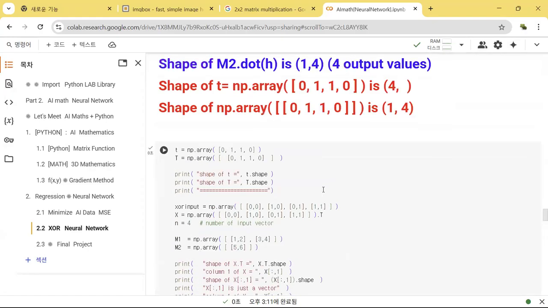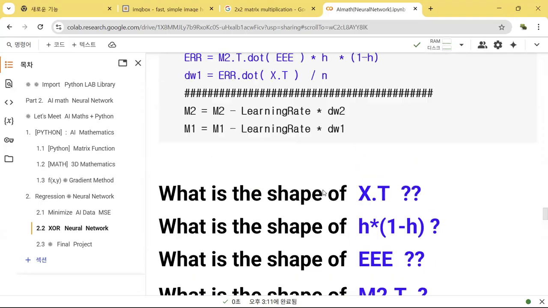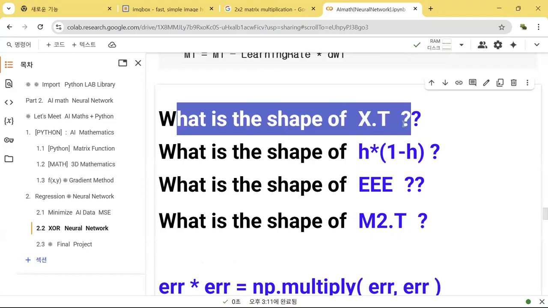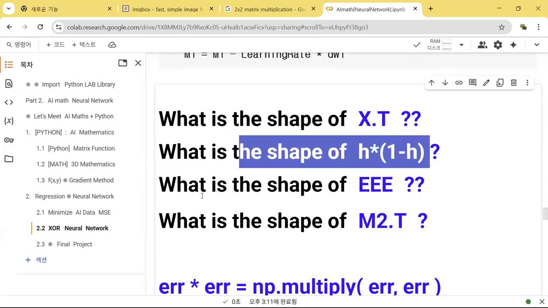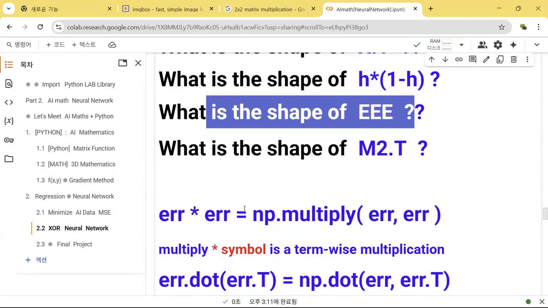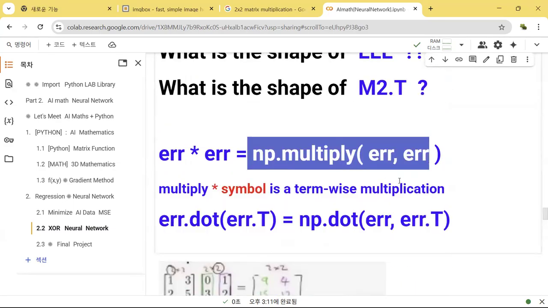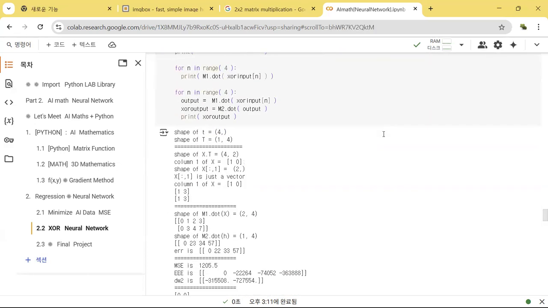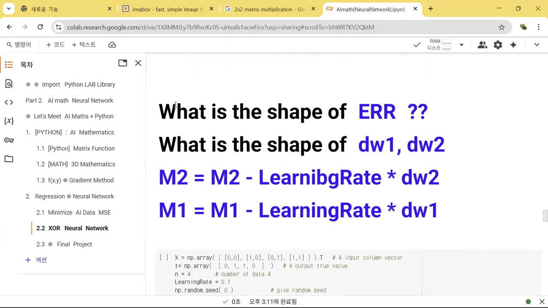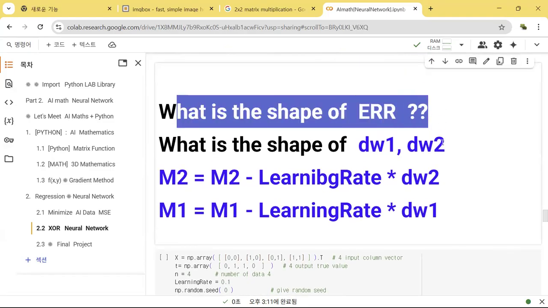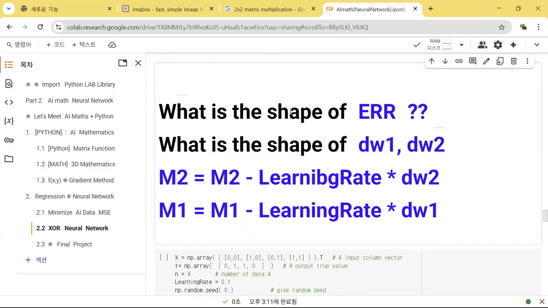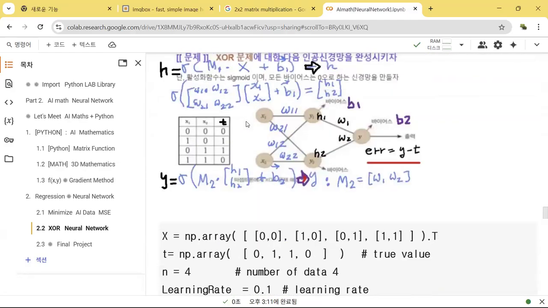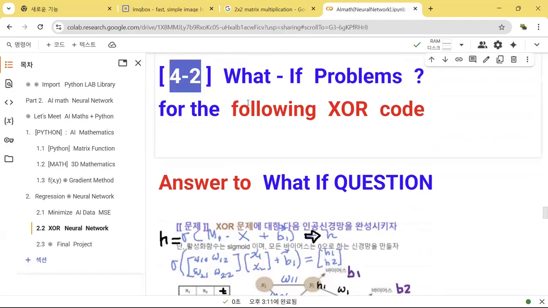The 4.2 is the second sub-problem of problem 4. This is the problem, okay? There are lots of problems that ask the shape of the object in the Python code, and then there is some explanation. Then just try to give an answer to each black and blue what-if question to prepare the second part of problem 4.